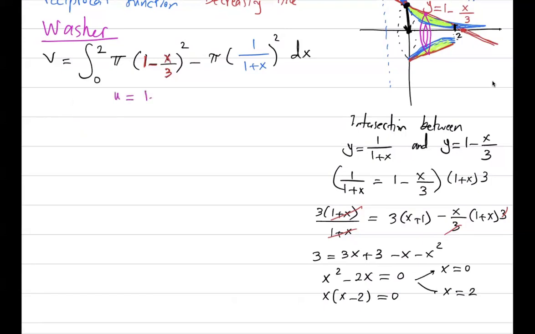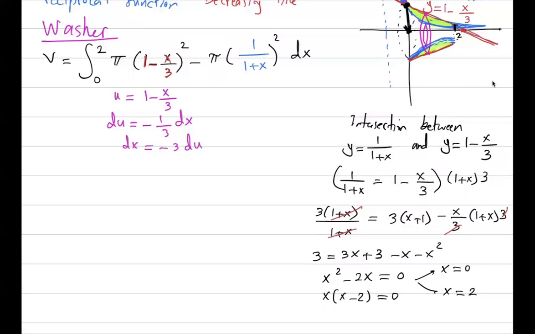Let's set u to be 1 minus x divided by 3. du is negative a third dx. So dx for the first integral is negative 3 du.